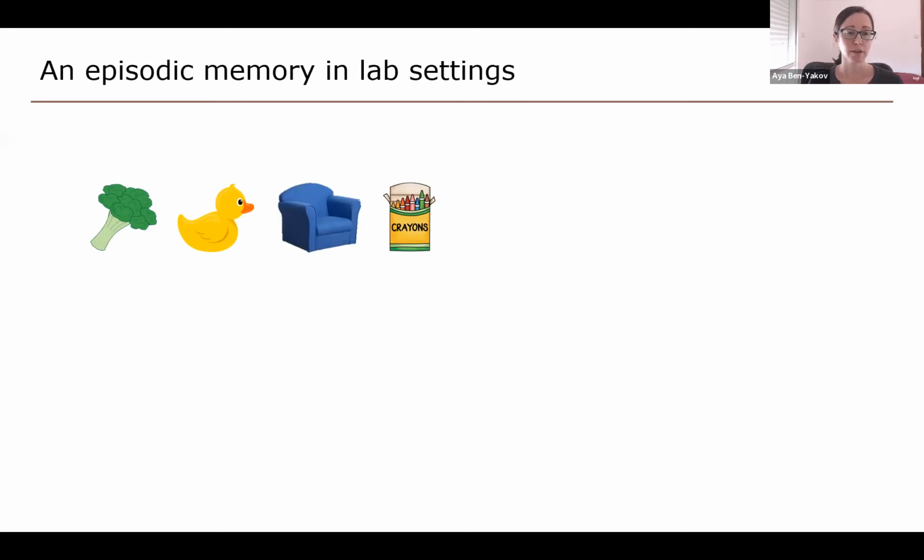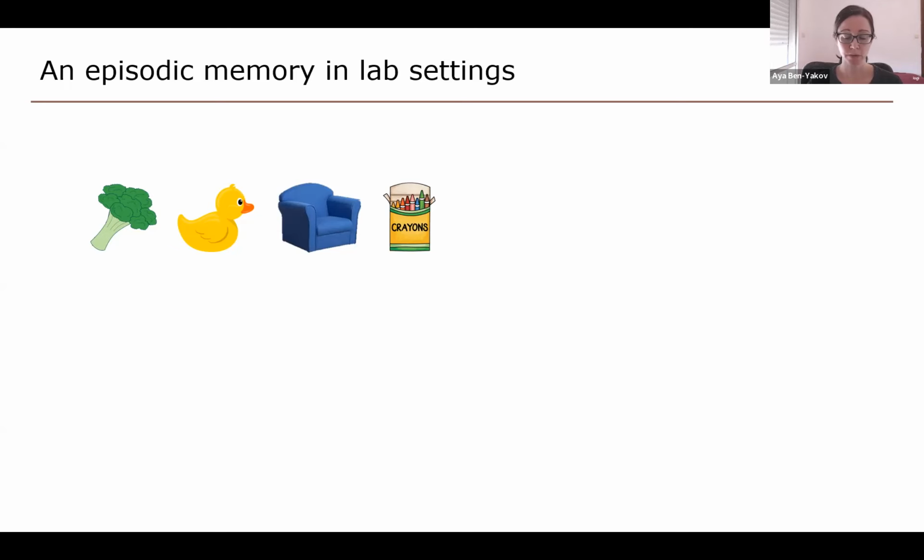And in recent years, there's been a surge of interest in naturalistic stimuli, and it's brought with it new methods for analysis, new understanding. But I think one of the most exciting things is that it brings with it new questions that weren't relevant before when we were looking at these types of simple stimuli.